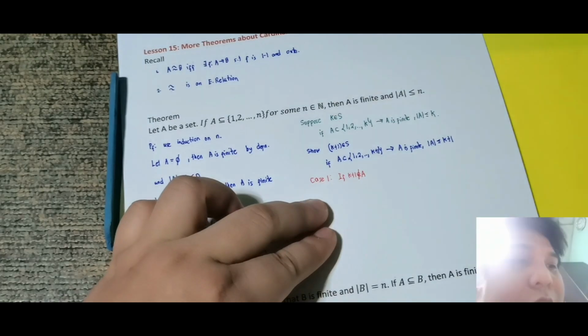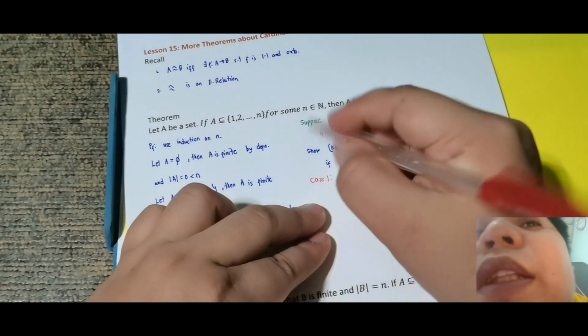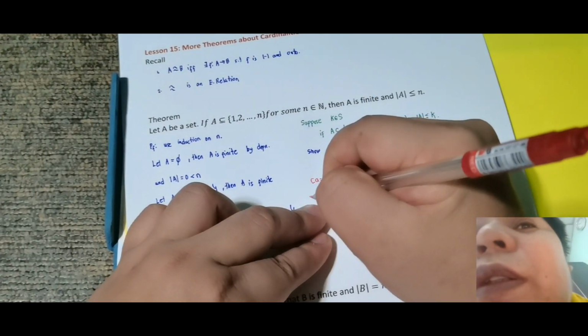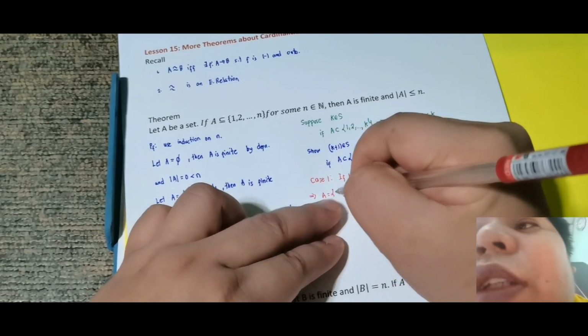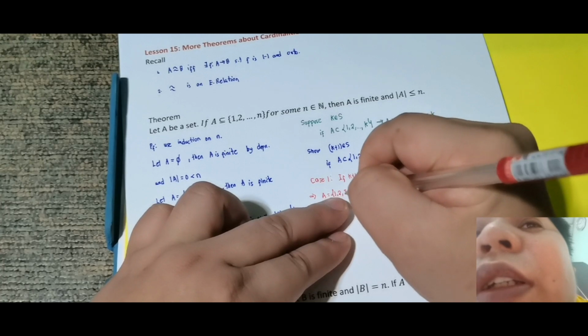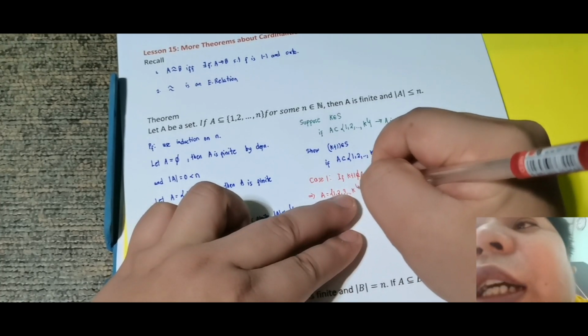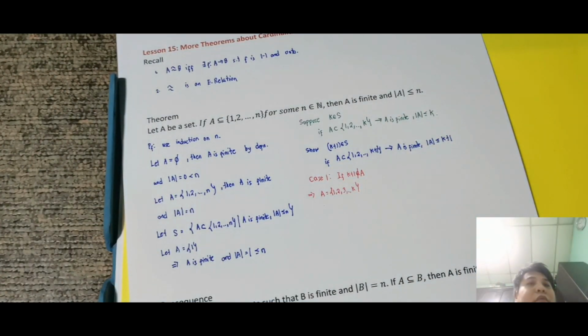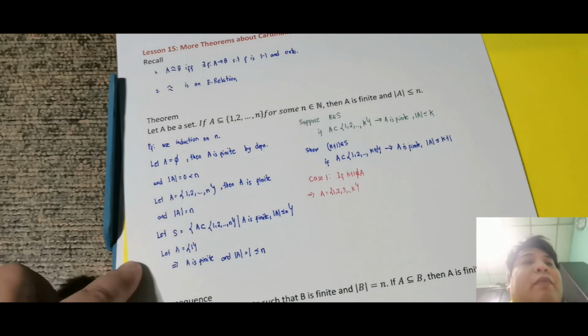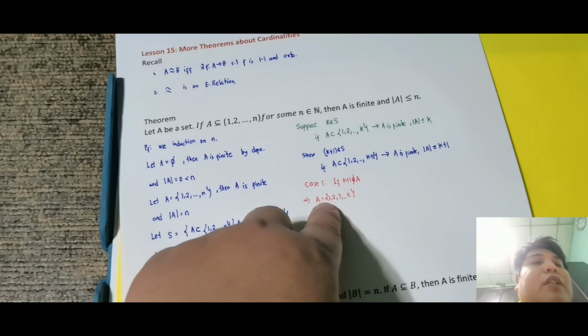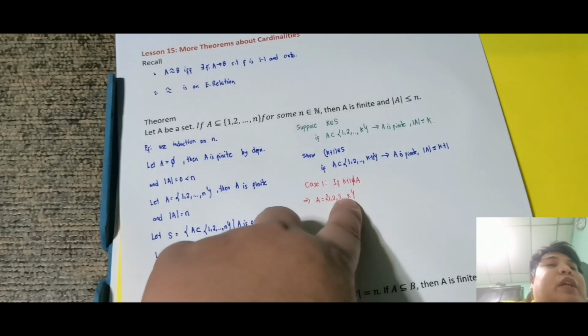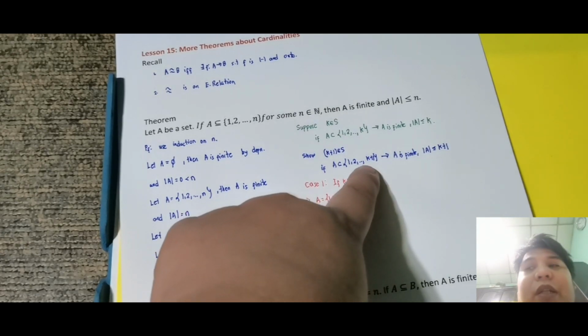Then this implies that A is equal to the set containing 1, 2, 3, ..., up to k lang. Okay, ulitin ko lang. Kung si k plus 1 hindi element ng A, meaning yung A natin equal lang sa set na {1, 2, 3, ..., k}. Kasi hindi pasok doon, so hindi siya laman ng element na yun.